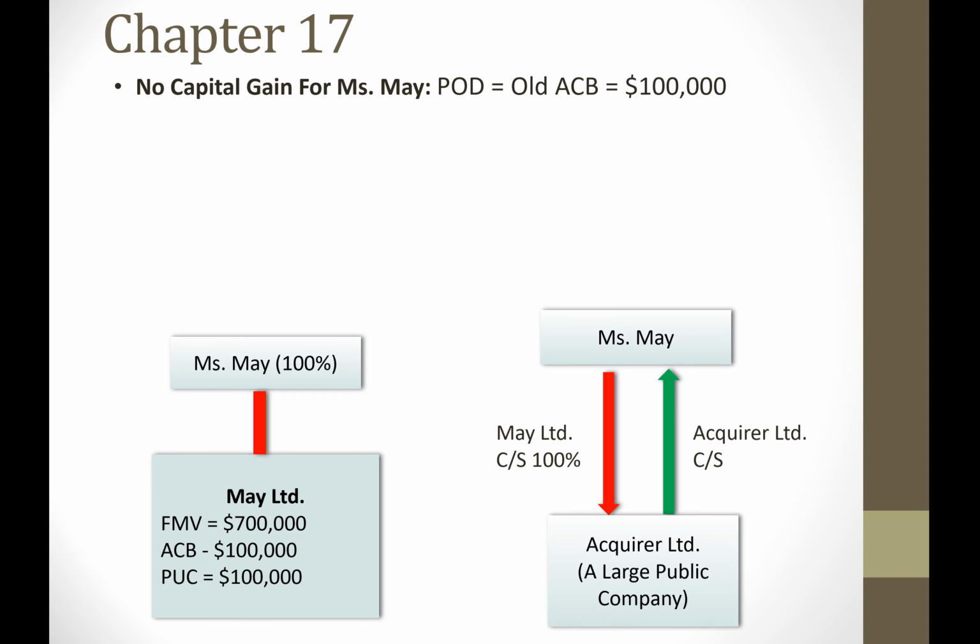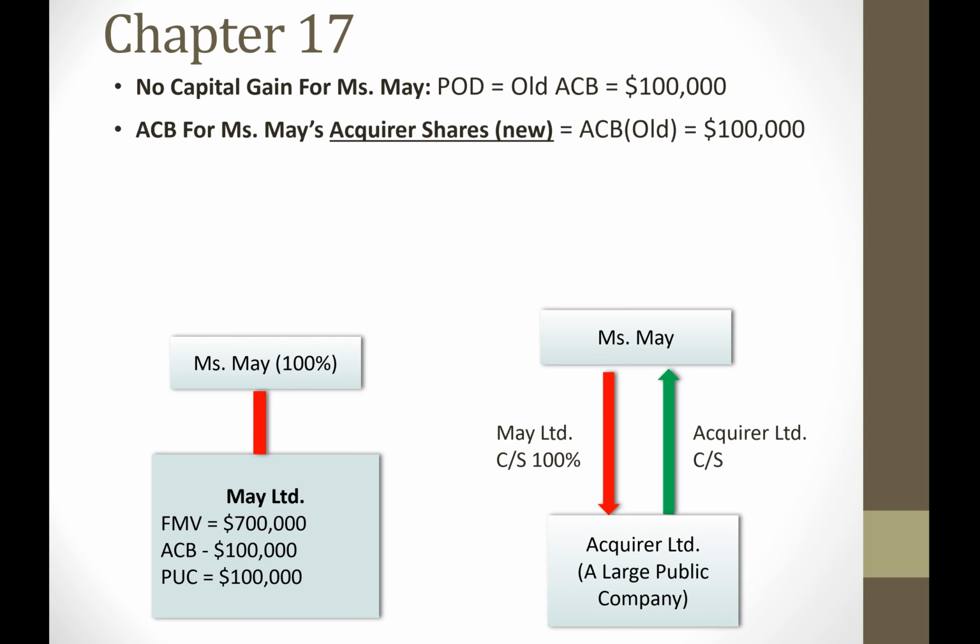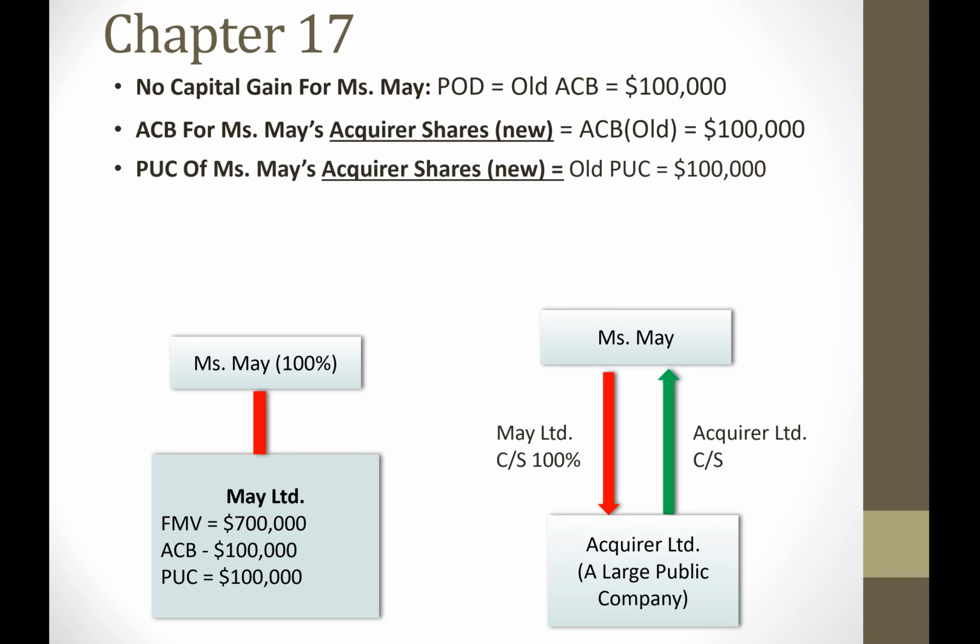So there's going to be no capital gain: proceeds of $100,000 minus ACB of $100,000. Now the ACB of the new shares that she gets of Acquirer Limited will take on the ACB of the old shares, so the new shares will have an ACB of $100,000. What about the PUC? The PUC of the new shares will also equal the old PUC, which is $100,000.